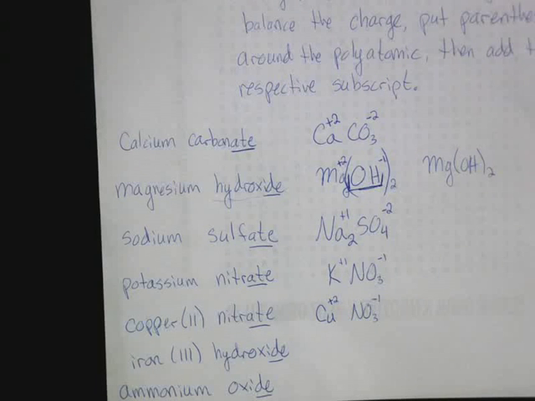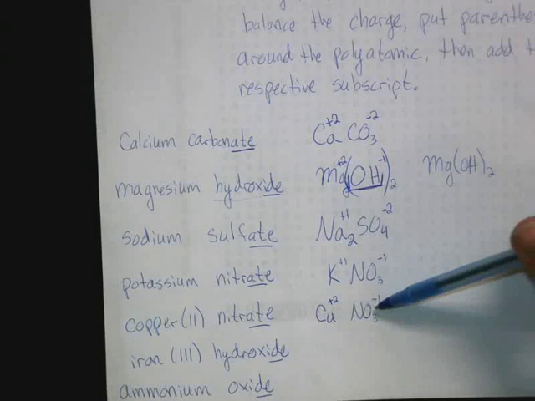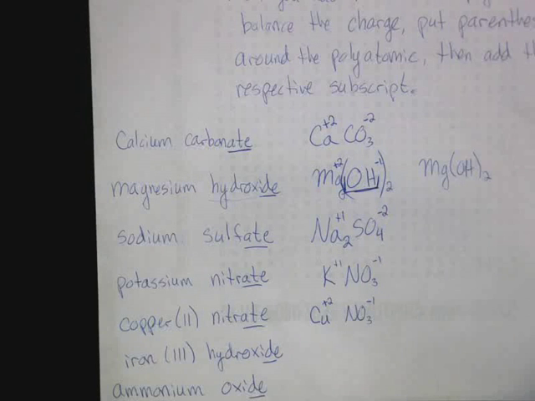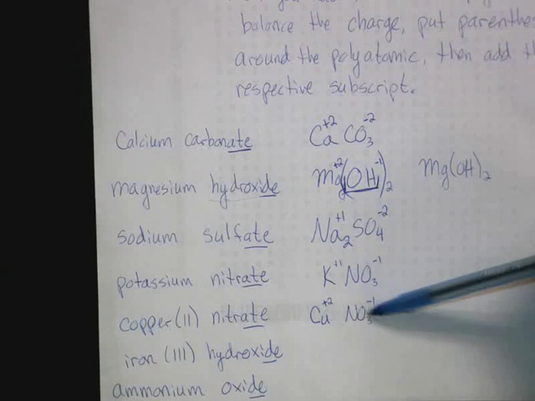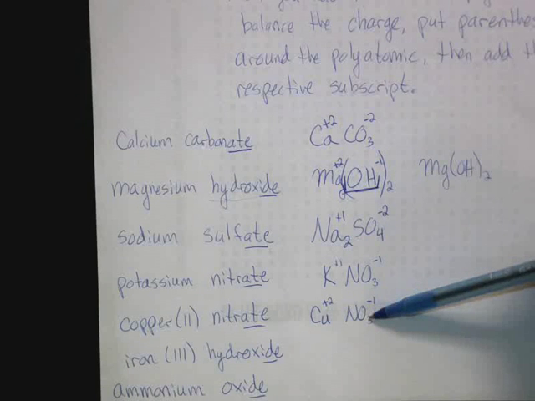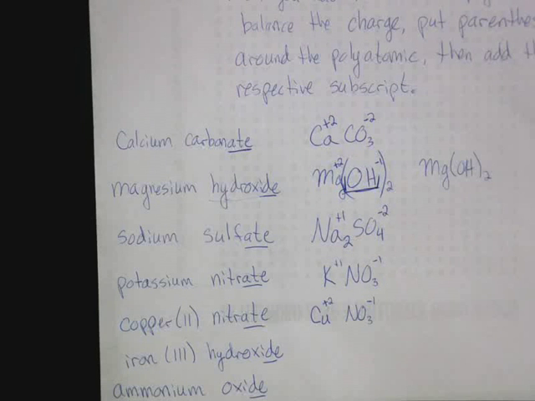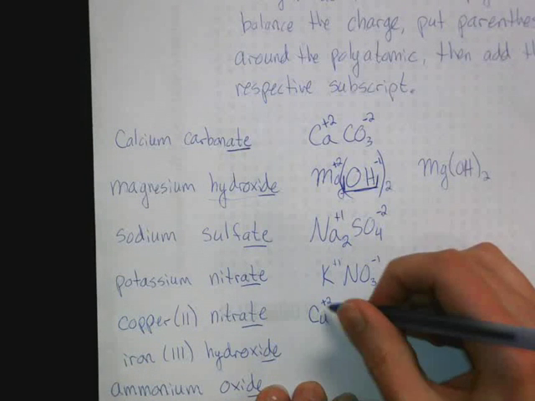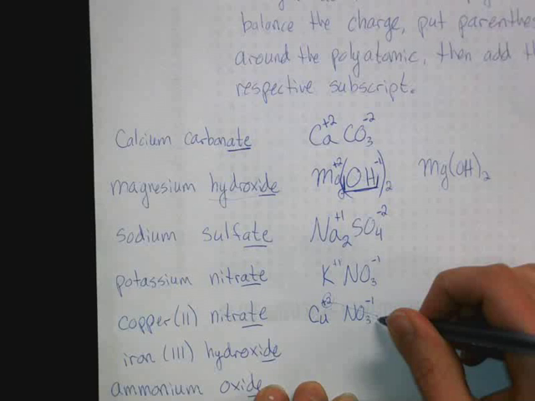My nitrate should cancel out that +2 charge. Well, right now, this clump only has a -1 charge. So in order to cancel that out, I need 2 of this clump, which is my NO3s, to get a 2 negative charge to cancel my 2 positive charge.